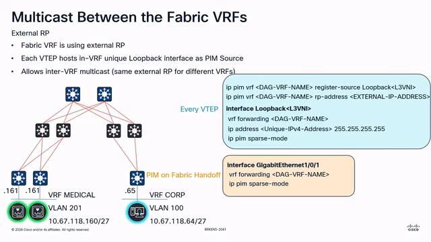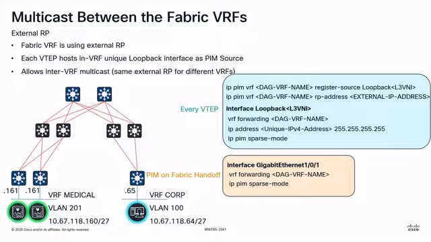The way that it works, as you can see, you would need to create a unique IP address per VTAP, per VRF. So it's the same scenario as with DHCP option 1. You create a unique loopback per switch that will be used as a source for PIM joins. All right?